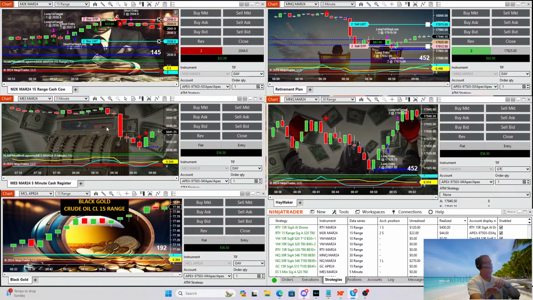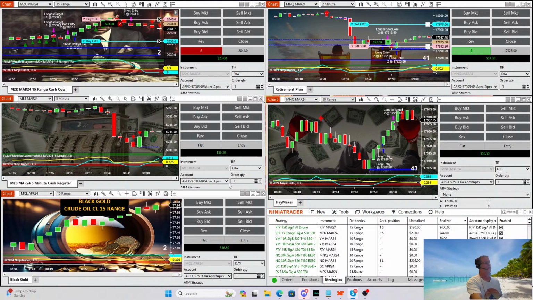And we have our cash register on the micro MES, on the micro S&P 500. And I've got that on one of the prop accounts. And then we have our Haymaker, is trading account 4. So what I've done is I've kind of separated two different accounts, numbers 3 and 4.